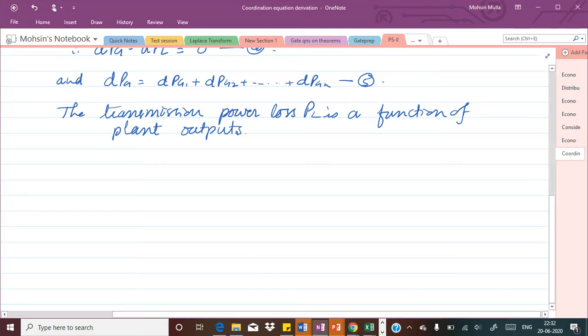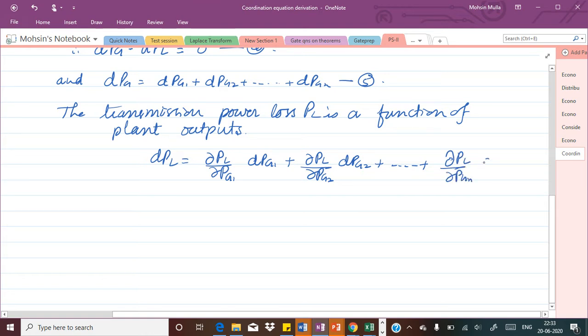Therefore, if output is increased, the losses in the transmission line will increase. So we can represent this dPL in terms of the output by taking the partial derivative as dou PL divided by dou Pg1 into dPg1 plus dou PL divided by dou Pg2 into dPg2 plus so on, and finally for the nth term, dou PL by dou Pgn into dPgn. Let this be equation number 6.